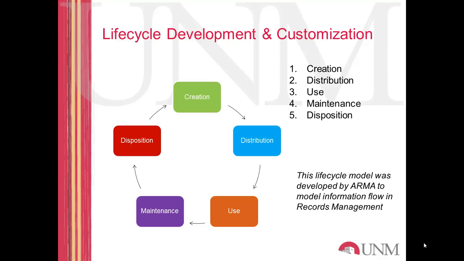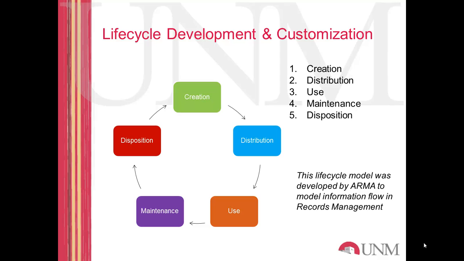Now, if we move from the general JISC life cycle design, let's look at a couple of more specific, customized life cycles that are designed for specific information management disciplines. This one is still simple in its basic structure, but it's the life cycle that was developed by the American Records Management Association to show how information that needs to be retained for long-term archiving is handled.